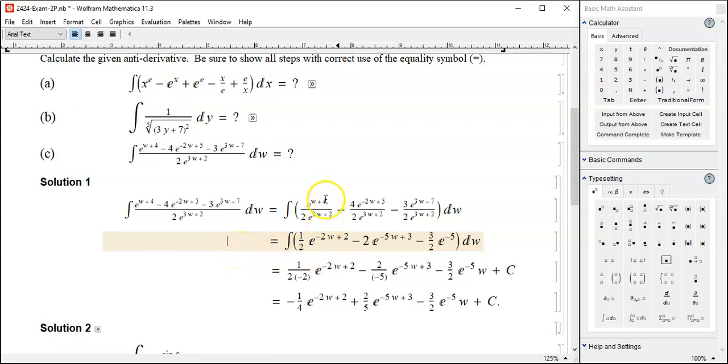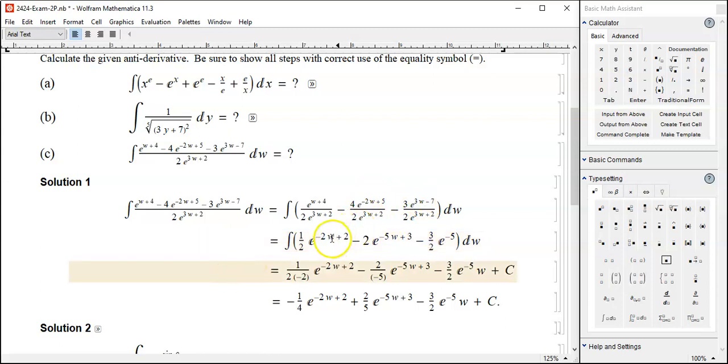Simply subtract the power w plus 4 minus the power 3w plus 2. Just subtract. W minus 3w, negative 2w, 4 minus 2, so plus 4 like that. And then again, we just subtract. And then next is easy.